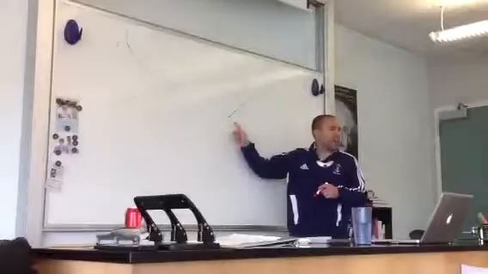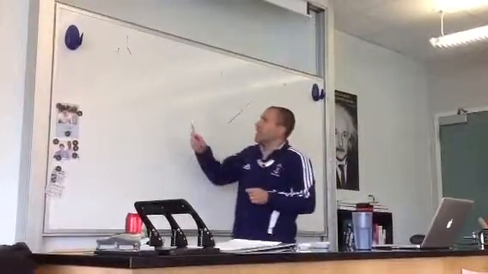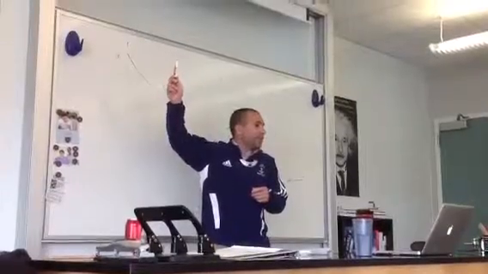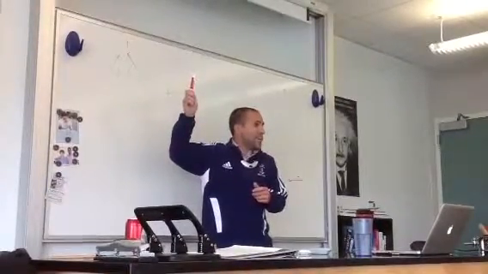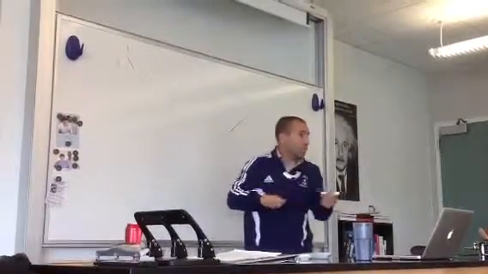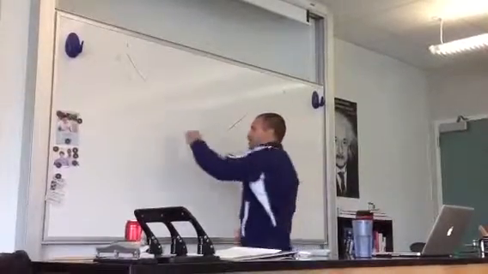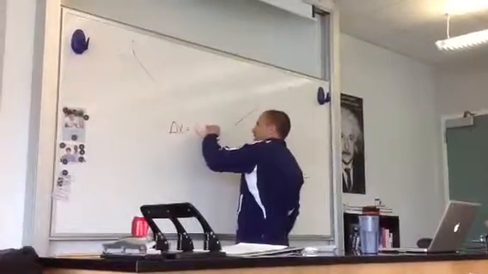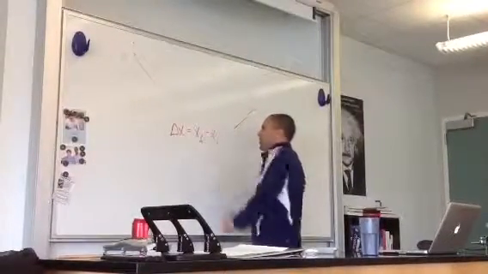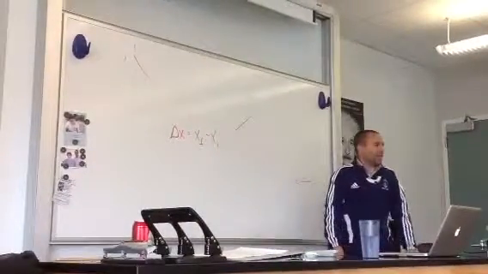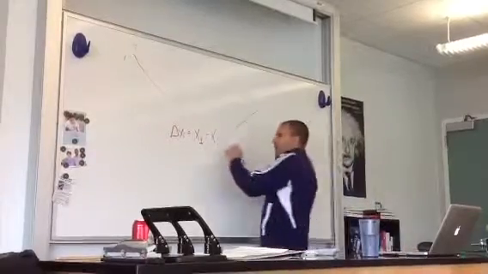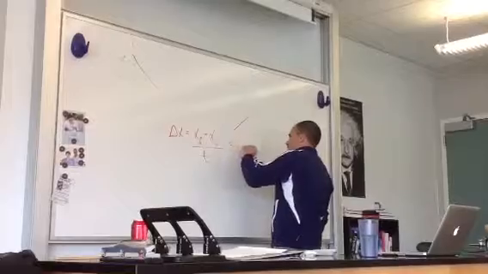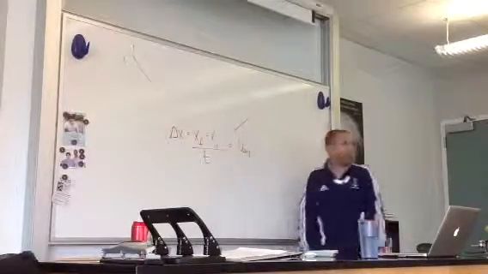It's on the negative side because delta x is negative, right? Isn't delta x negative? Because delta x equals x final minus x initial, right? And this, over time, equals essentially average velocity, okay?